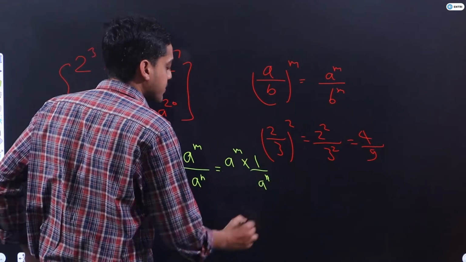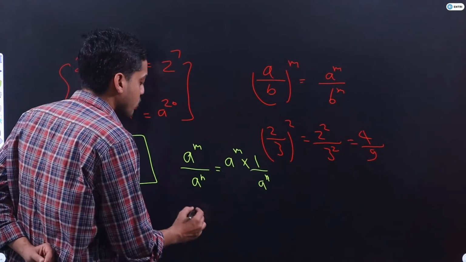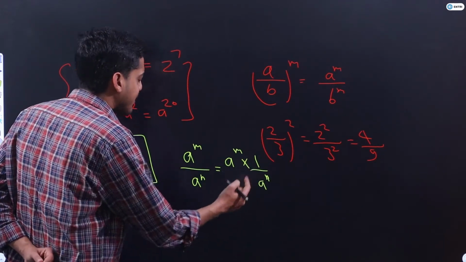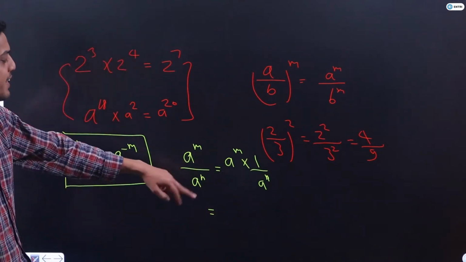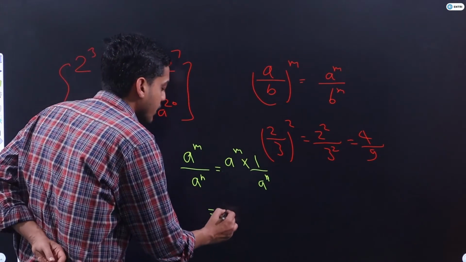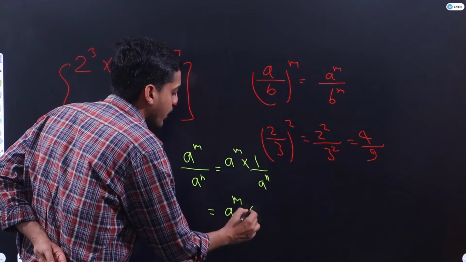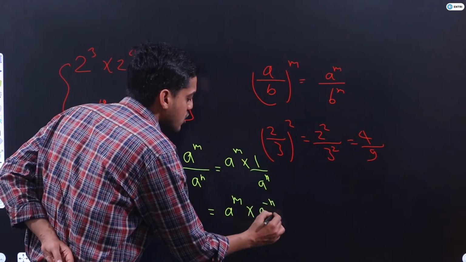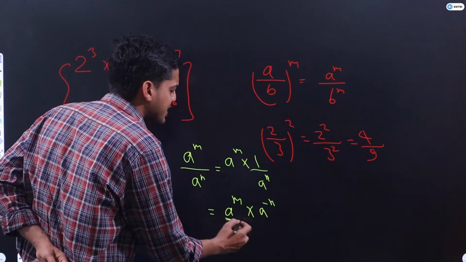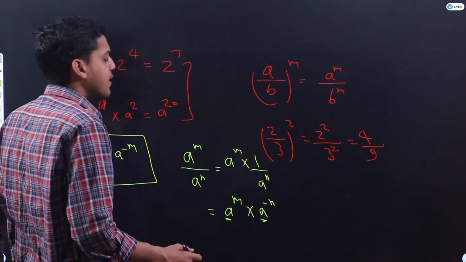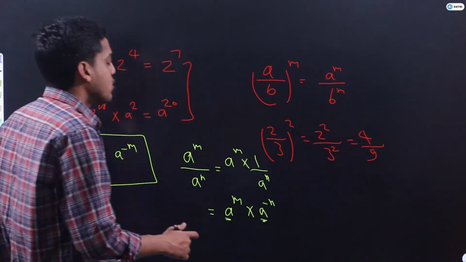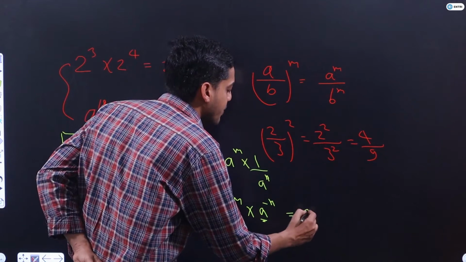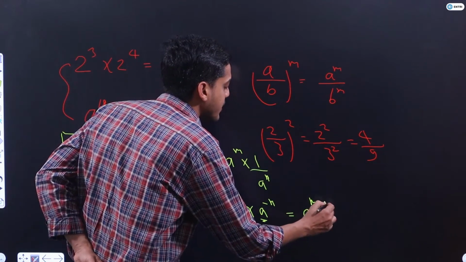I am writing it like this. Now, 1 upon a to the power n can be written as a to the power minus n. So definitely if the bases are the same and we are multiplying, then the powers will get added. So if I add them, it will be a to the power m minus n. It is that much basic.